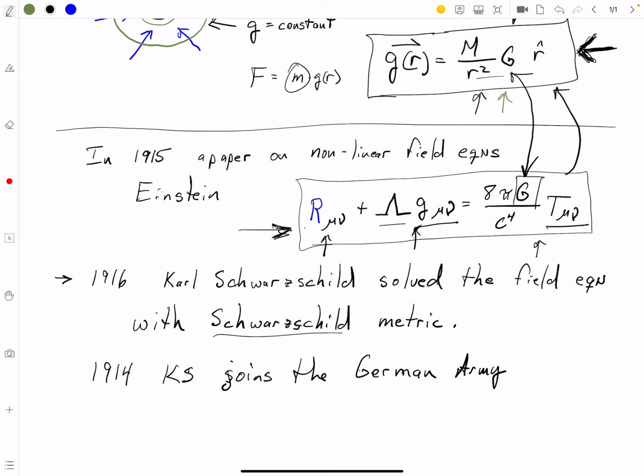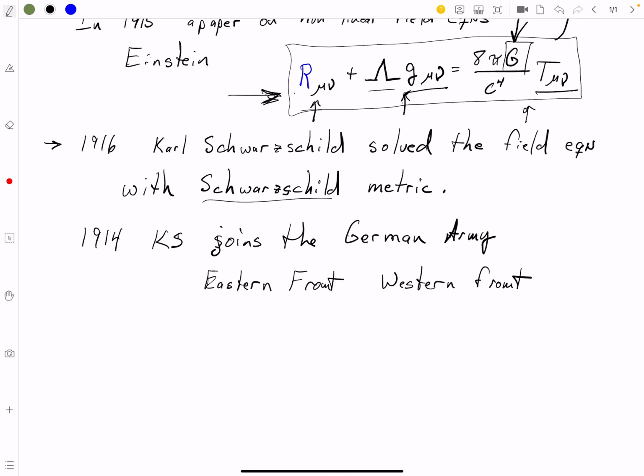So he's on the Eastern Front. The Eastern Front, the Western Front, and because he was good at math, he did artillery calculations.